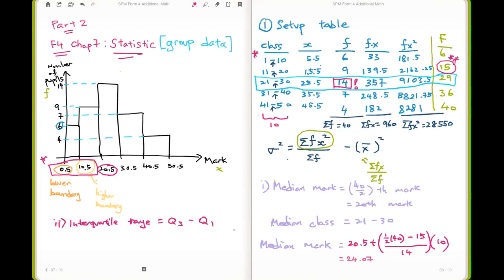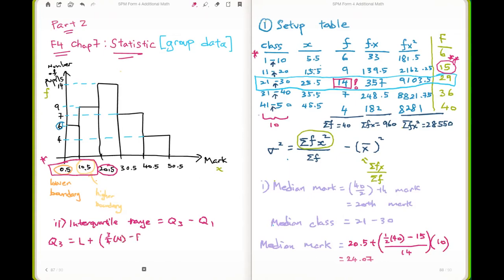Third quartile will be 3 over 4. That will be the lower boundary, plus, for Q3, because it's different, 3 over 4 over n. Then the rest is the same.